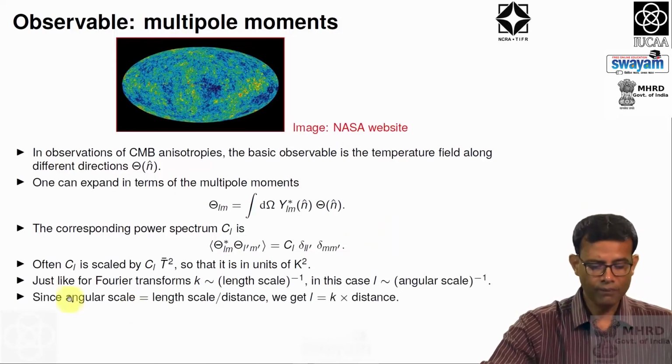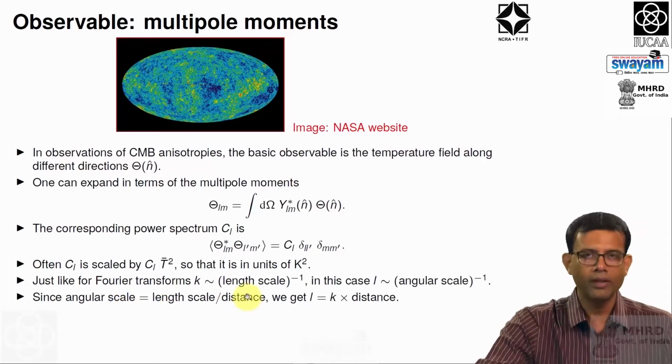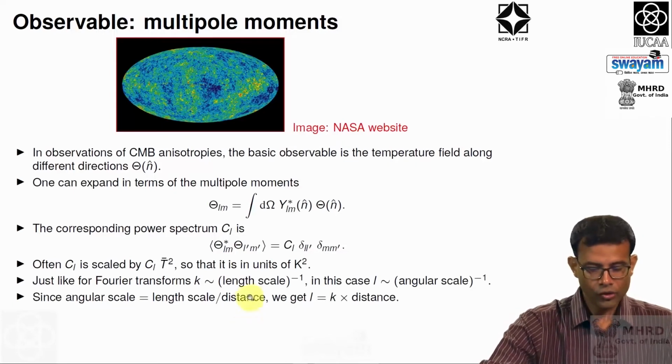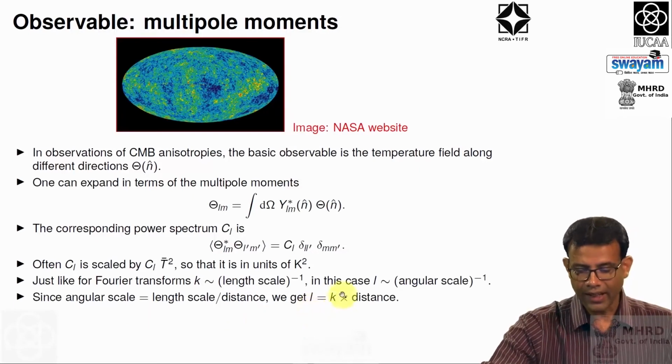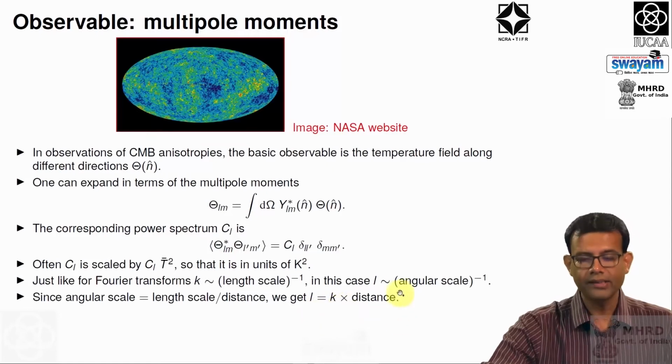Now, we also know that angular scales and length scales are related by a relation like the angular scale is length scale divided by distance. For example, it can be the angular diameter distance, if you remember our previous lectures. So, if we write that, you can see that L and K get related by something like this. L will be K times the distance to the object where you are measuring, or to the redshift you are measuring.